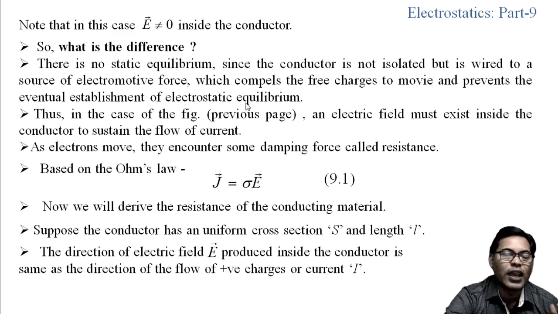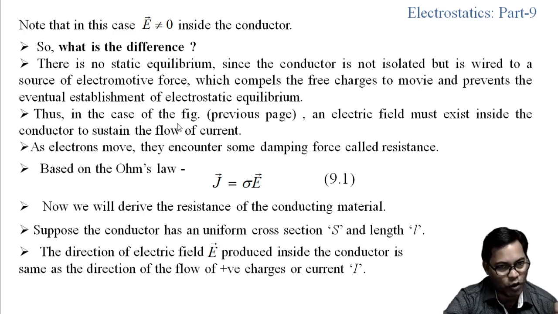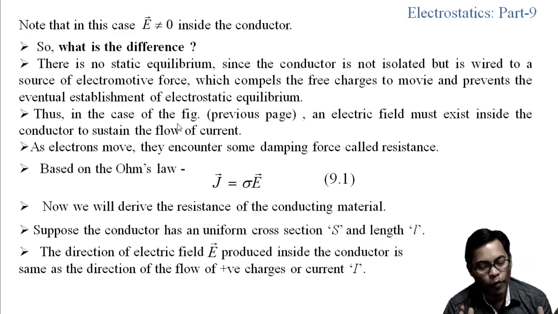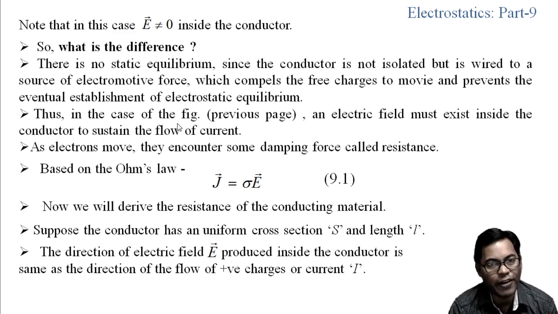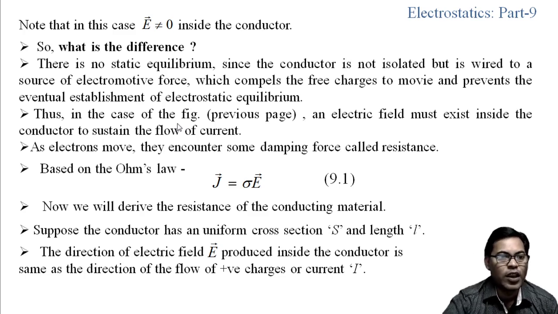That means the conductor will always have a potential difference across it, and it will not be in equilibrium at any time. So in the above figure, the electric field must exist inside the conductor to sustain the flow of current.